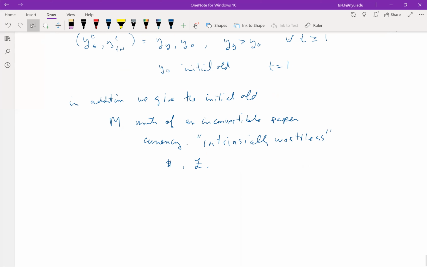Okay. It's intrinsically worthless, but it might have value under certain circumstances. So this is the supply, and it's in the hands of the initial old.